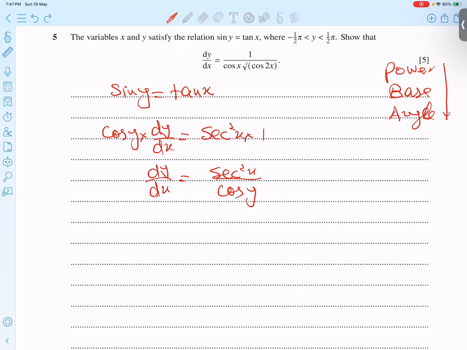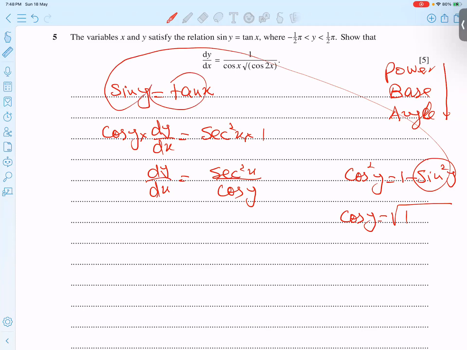So the technique is we have a cos square. What is the cos square value? Cos square y value is given by the formula 1 minus sine square. All of you are aware of this. So if I take a root of both sides, I get a root of 1 minus sine square. And sine value is basically equal to tan.